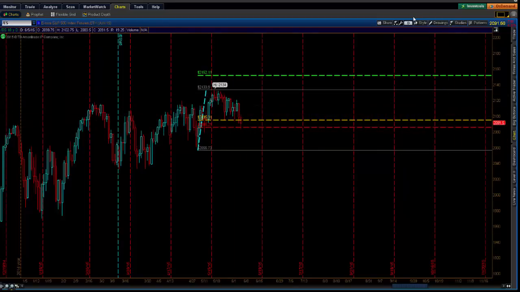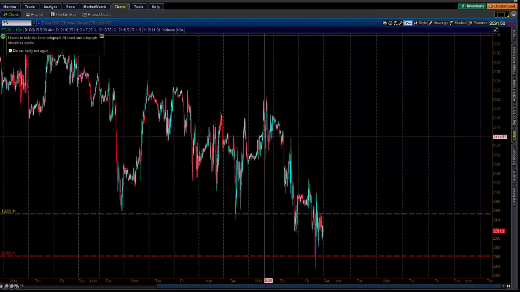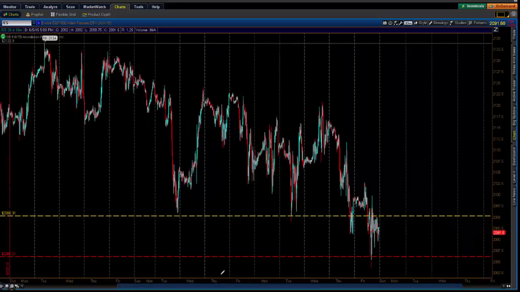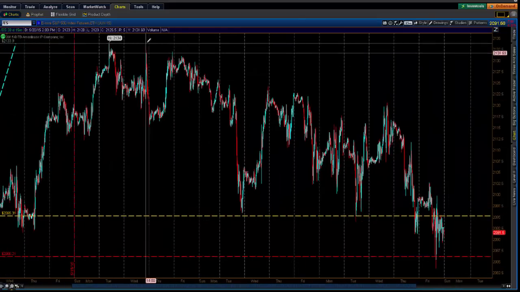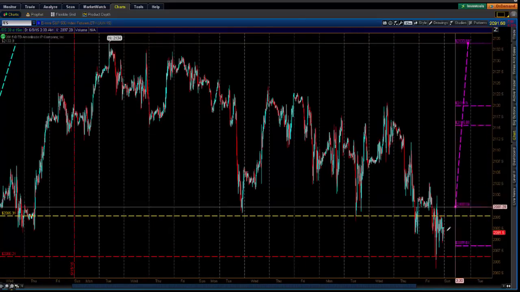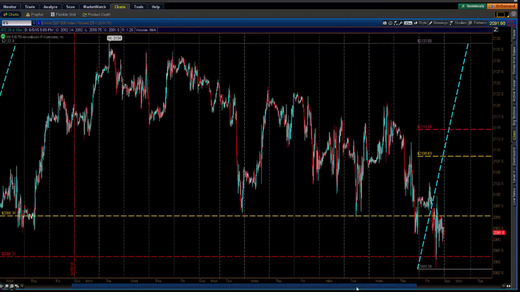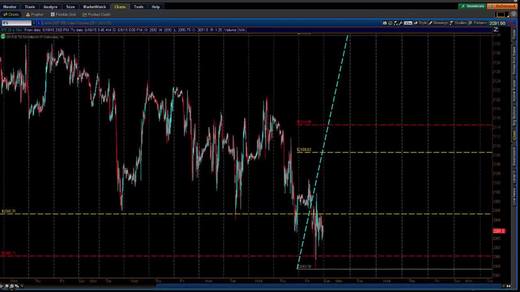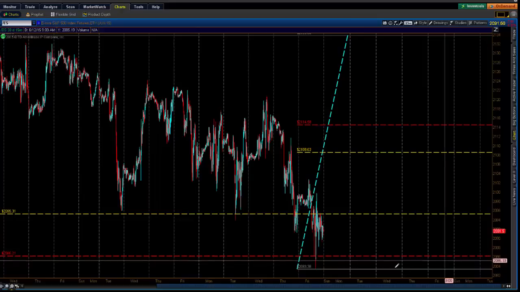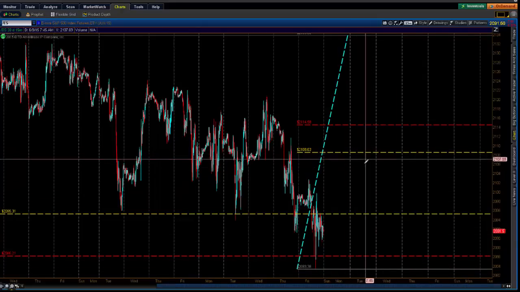What does that mean? Let's bring it up on a 15-minute. From the 2134s down to the lows, my best guess is before this week is over, or this upcoming week, that we will trade back up into this level, right?